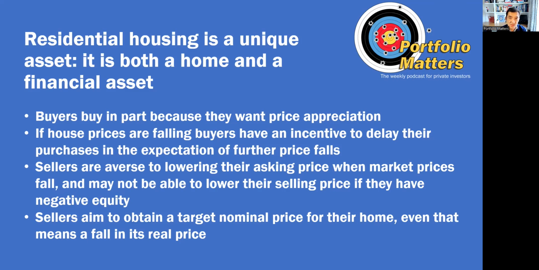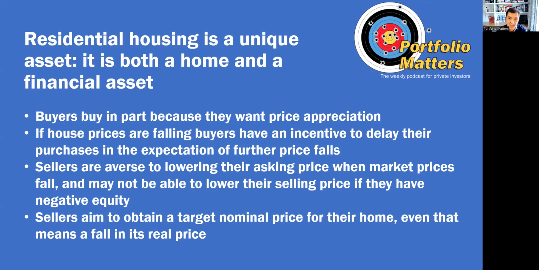So as market prices fall, they simply choose not to sell their houses. And if house prices fall below the price at which they purchased their house, then they're in negative equity and they simply may not be able to afford to sell their house.